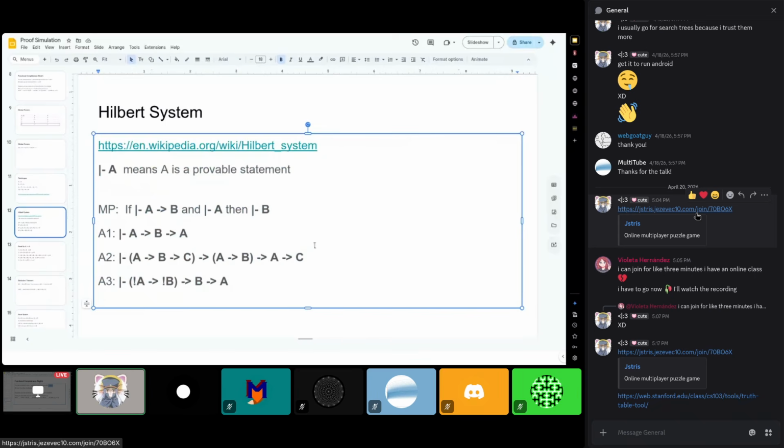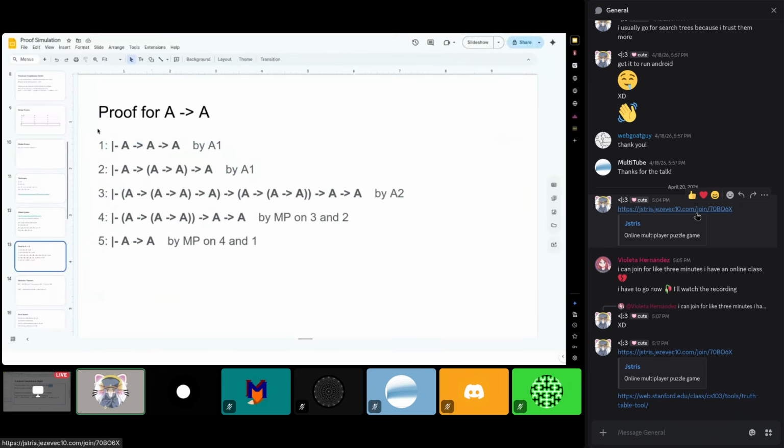All right. A proof in a Hilbert system is a bunch of lines that either reference one of these axioms, things you assume to be true, or the line can be the inference rule where you infer on two previous lines and you get something back.